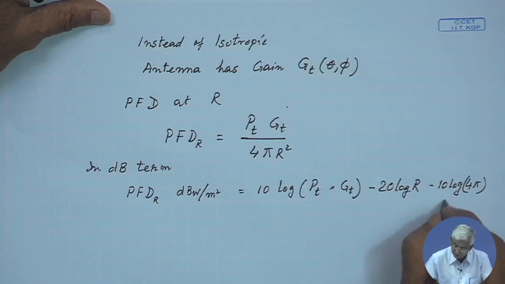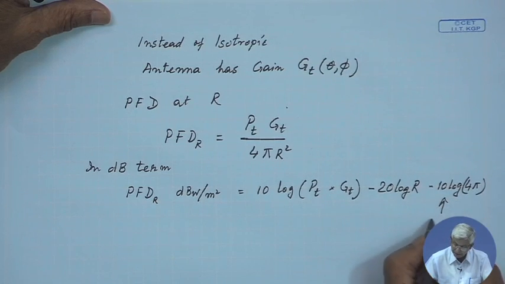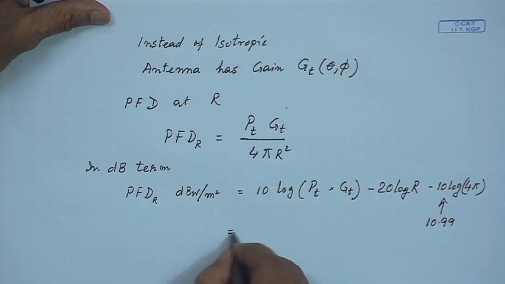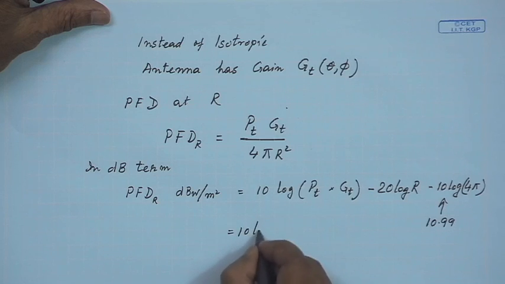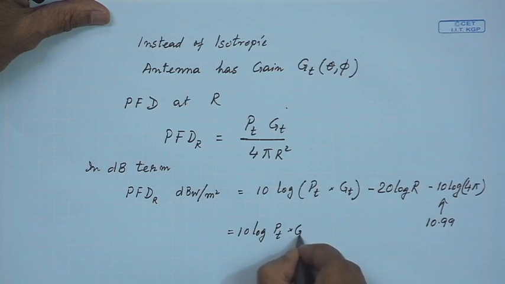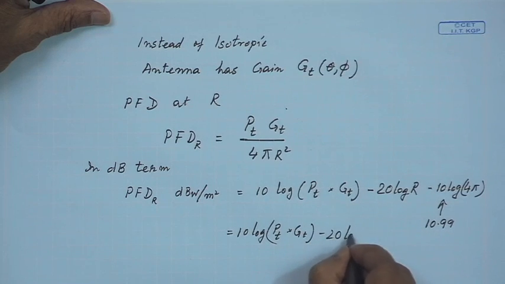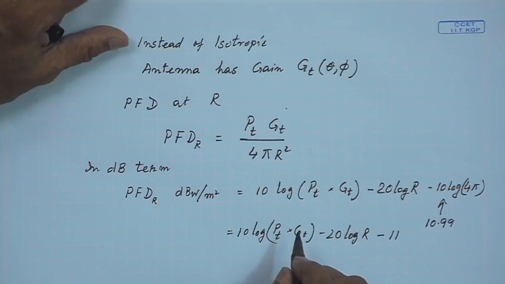Now, this value 10 log of 4 pi is roughly of the order of 10.99, we can take it as 11. So, it can be simplified as 10 log of PT into GT minus 20 log of R minus 11. These are all in dB terms.